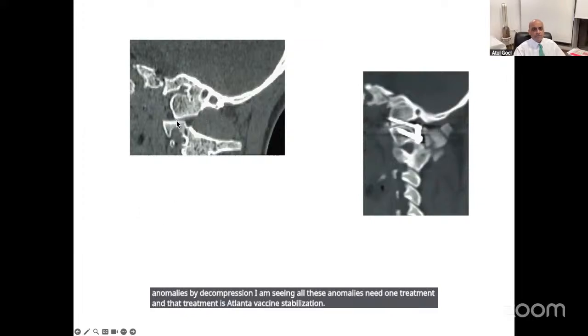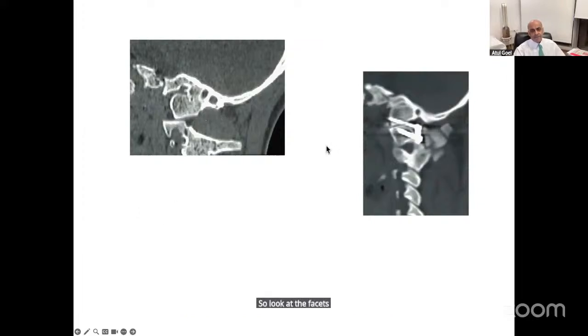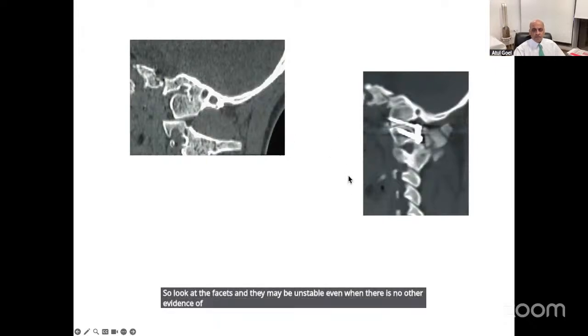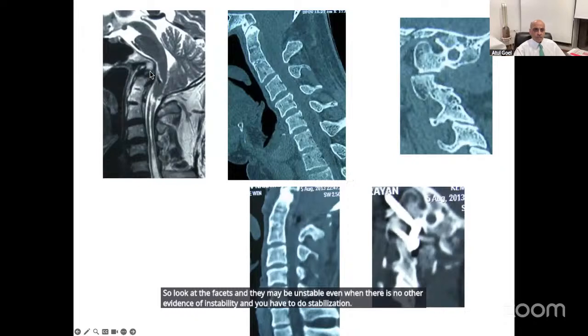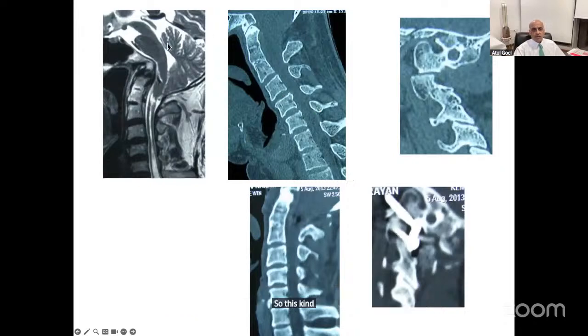So look at the facets, and they may be unstable even when there is no other evidence of instability, and you have to do stabilization. So this kind of basilar invagination, whether you see unstable facets or not, this is unstable, even if they are in alignment.